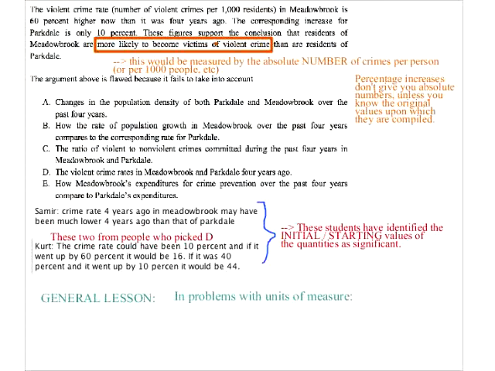In problems with units of measure, if quantities are given without units, such as more likely to become victims in this problem, then please try to quantify those quantities. In other words, actually give them units.